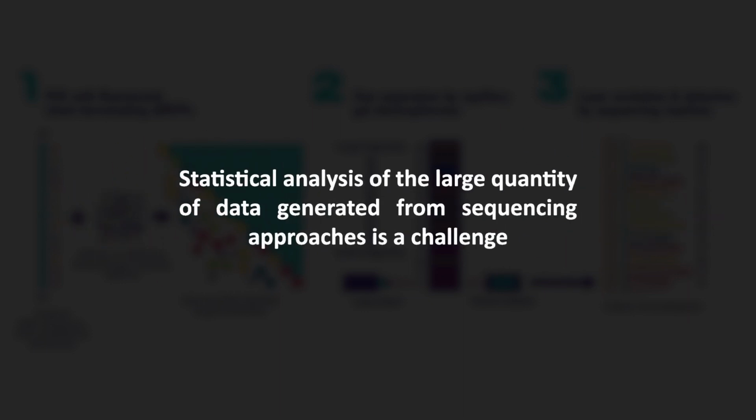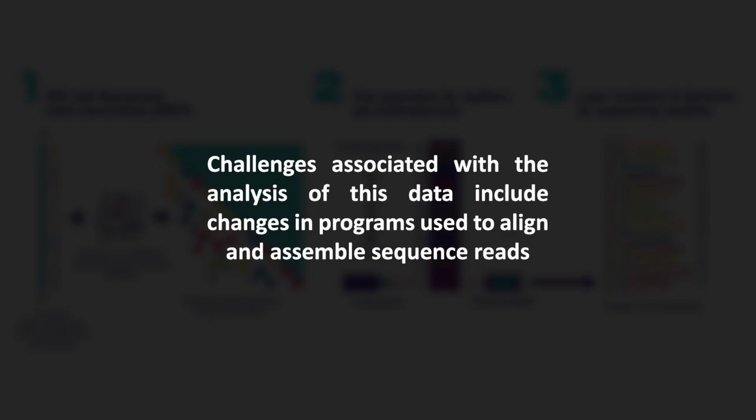The statistical analysis of the large quantity of data generated from sequencing approaches is a challenge. Even by only sequencing the exomes of individuals, a large quantity of data and sequence information is generated, which requires a significant amount of data analysis. Challenges associated with the analysis of this data include challenges in programs used to align and assemble sequence reads.